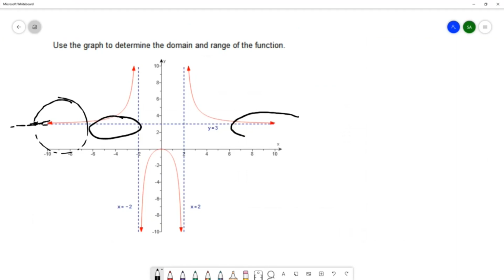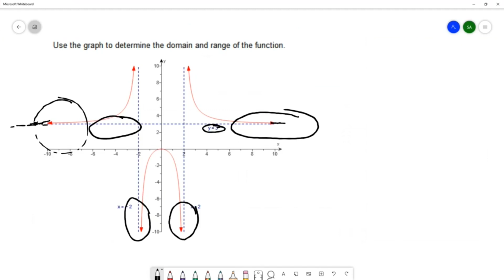The same thing is happening on this side over here. Because we have that dashed line, which is called a horizontal asymptote, the line is continuing the pattern to get closer and closer to y equals 3, but it never gets there. It just keeps getting a tiny bit closer. And then over here, we have those vertical dashed lines.